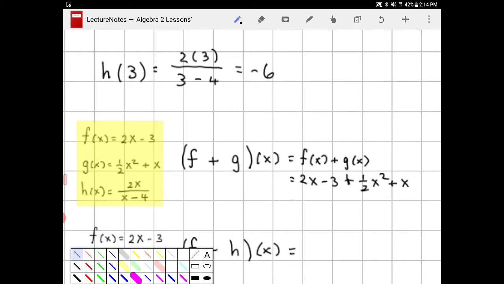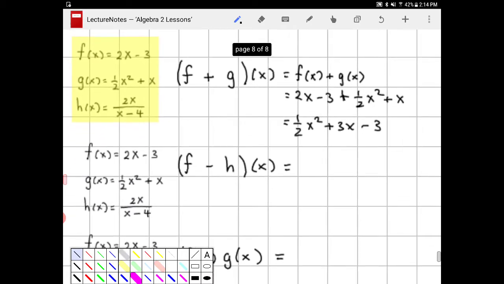We combine like terms. So this is 1/2 x squared, 2x and x makes 3x, and then the -3 does not combine with anything. So that is the result of adding f and g together.